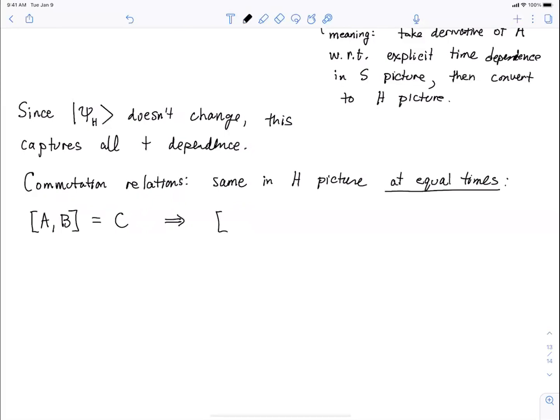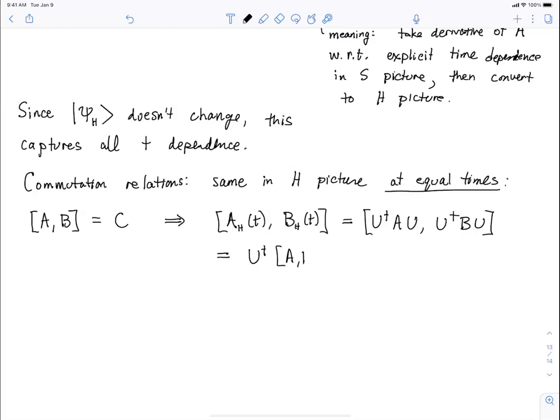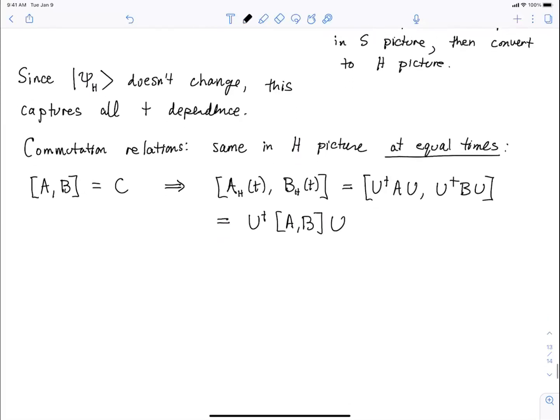And then I decide to calculate the same thing in the Heisenberg picture. And the way we're going to do it is temporarily translate back to the Schrodinger picture. So this is going to be U dagger A U, U dagger B U. And then if you write out both terms in the commutator, this turns out to be just U dagger times the commutator of A with B. Everything there is in the Schrodinger picture because I didn't put any subscripts.